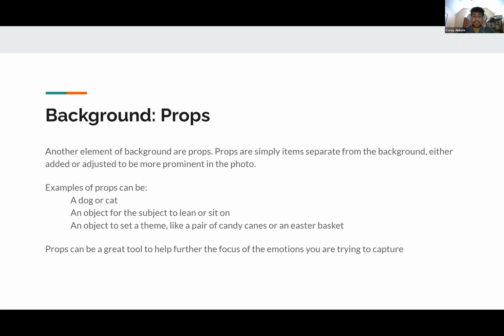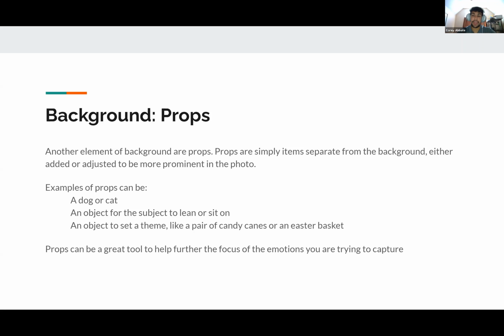A prop can be a lot of things. More often than not, they're simply things that you brought in, but sometimes it can be the way you've changed the angle of your photo that makes one of these trees a prop versus part of the background.